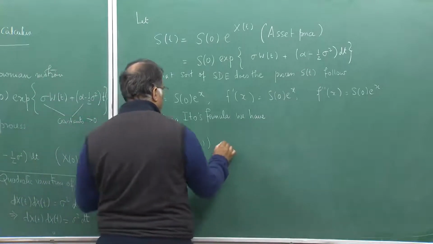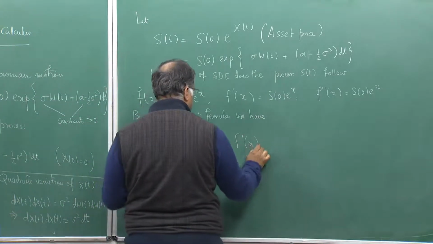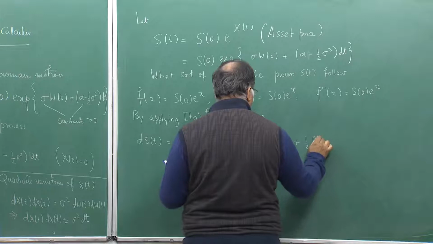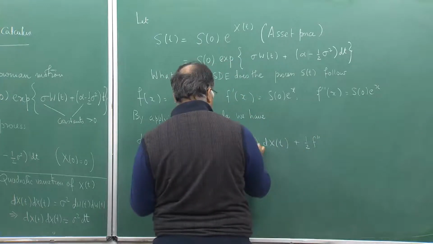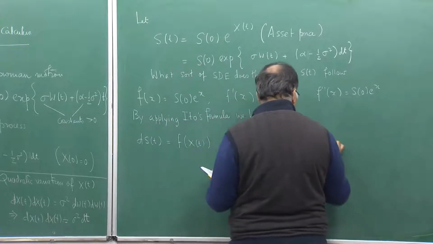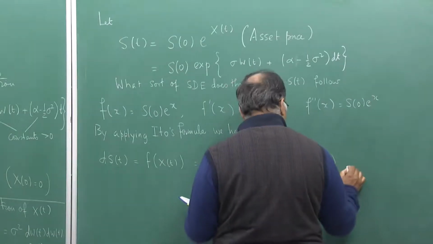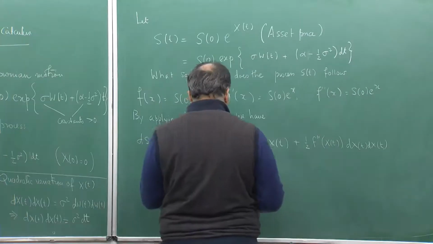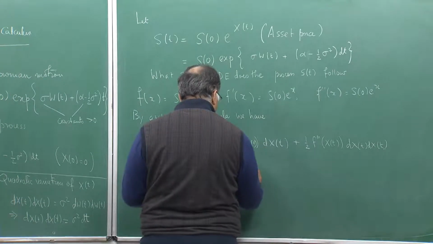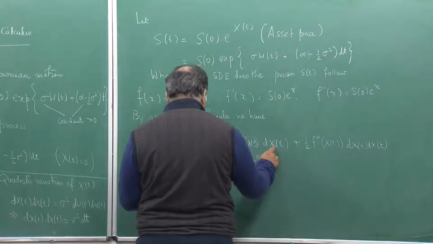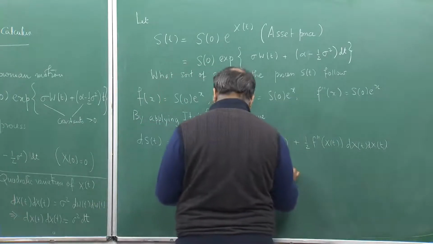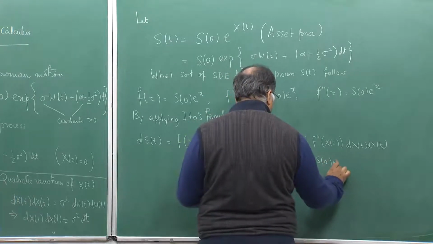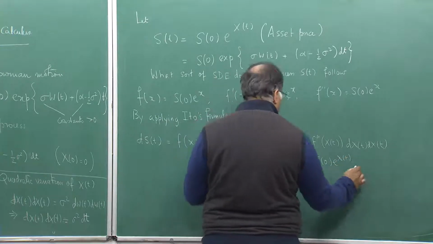By Ito's formula, it is f'(x) dXt plus half f''(Xt) dXt dXt. So, what is this? This is S0 e to the power Xt times dXt plus half S0 e to the power Xt dXt dXt.